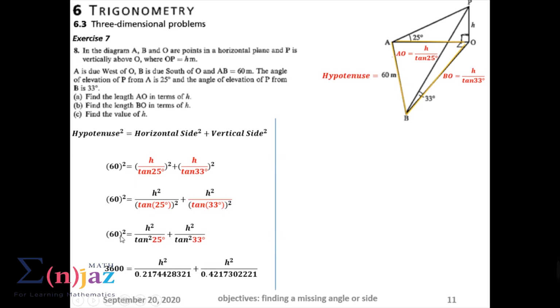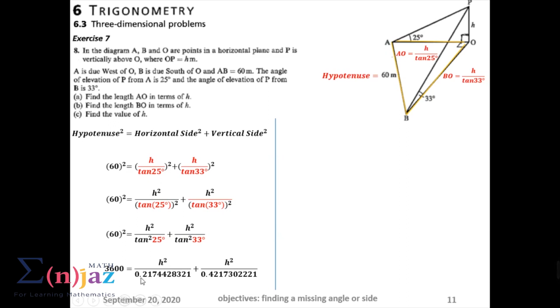So if you insert this in the calculator, or if we simplify this further, 60 to the power of 2 means 60 times 60, which is going to be 3,600, is equal to h to the power of 2 over, if you insert the squared button in your calculator, which is x squared, put two brackets. Inside the bracket, write tan of 25, and then put equal.